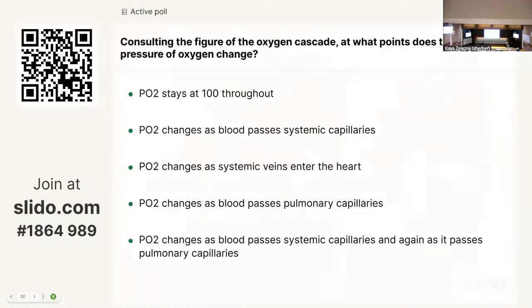So I'm going to ask you to take a look at that figure and pay attention to the oxygen specifically. So go ahead and look at those partial pressures of oxygen. And I want you to find, where did the number change? Right? So where did we see a change in that partial pressure of oxygen? The whole big figure is messy, but if you focus on the right parts, it gets pretty easy.